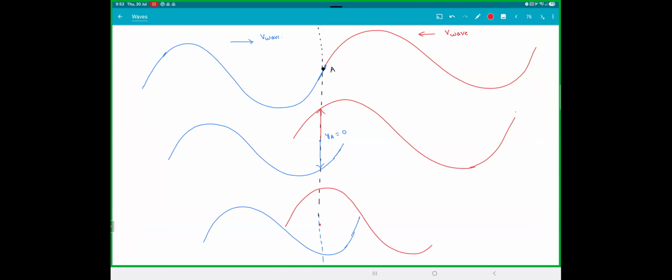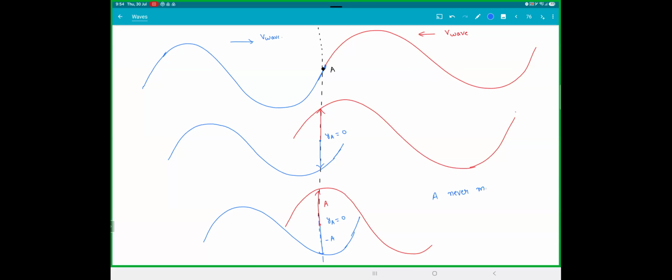Now, if you look at this, the red is pushing completely up, plus A. The blue is also pushing minus A. A will not move again. Meaning, if you look at this point, no matter what you do, the two waves are going in such a way, whatever the red is doing, blue is doing in the opposite direction. You're getting it? Because they're in sync. So if you see here, A never moves.